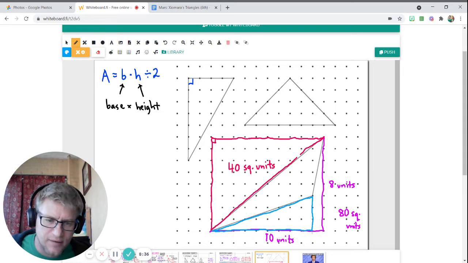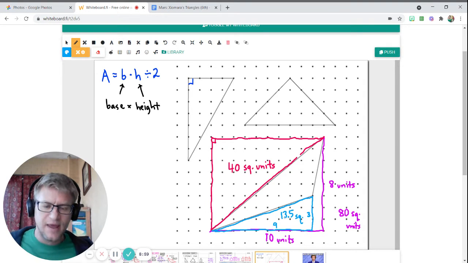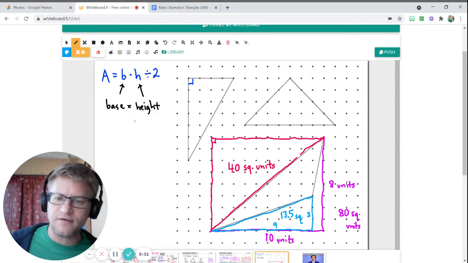So I look at this and I say, well, the whole thing was 10, so this one must be 9, right? And this one clearly is 3. So 9 times 3 is 27. Half of 27 is, it's not too hard of a problem, 13.5 squares. Okay, half of 27, 13.5. Hopefully I did that right.